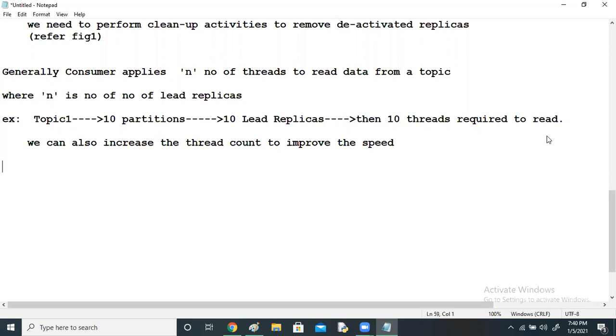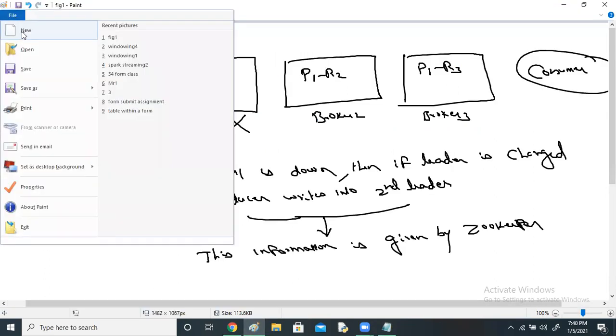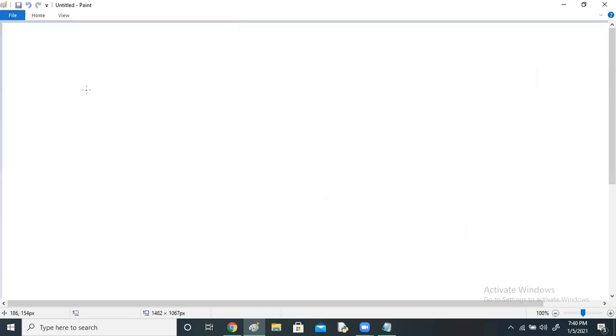Now refer to figure 2. Now observe here.